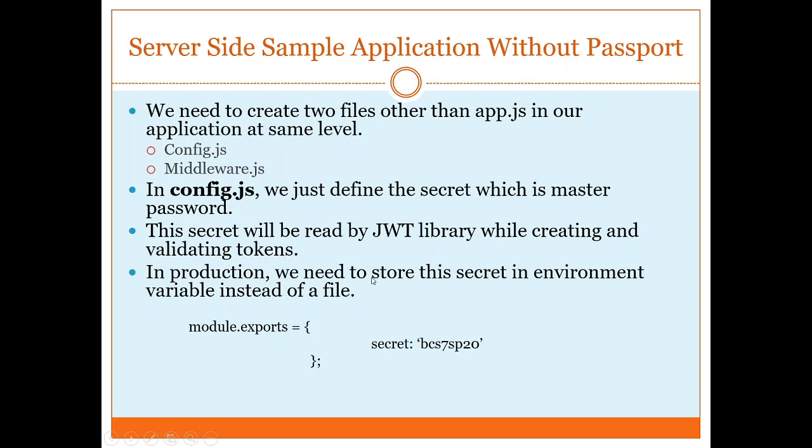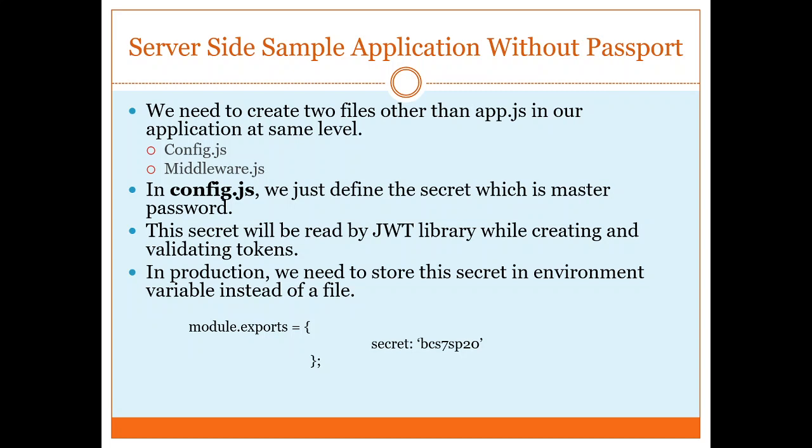In production, we need to store the secret in an environment variable instead of files. For the first time, we are writing our password into the config.js file, but when we deploy this application, we will change this password from here to our environment variable, just like the path variable or some other way.